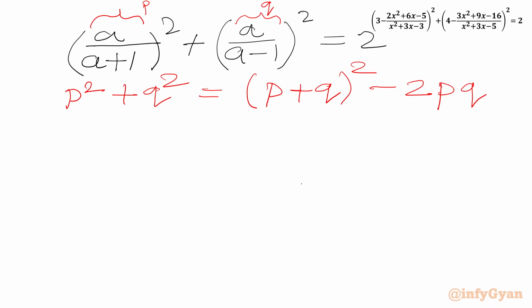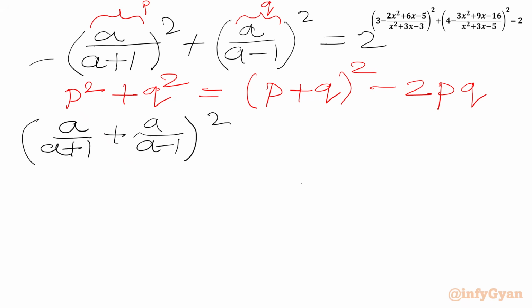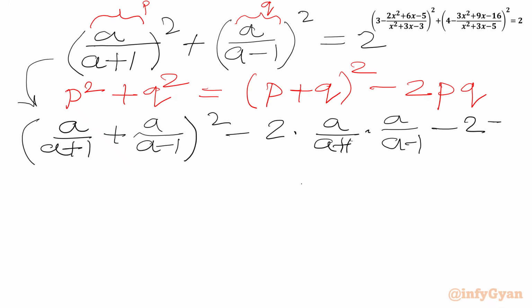So we have to find p plus q first. Let me write here a over a plus 1 plus a over a minus 1. This is p plus q. Let's put whole square over here. Minus 2 times product of both. So we'll write a over a plus 1 times a over a minus 1, equal to 2, or we can write minus 2 equal to 0.